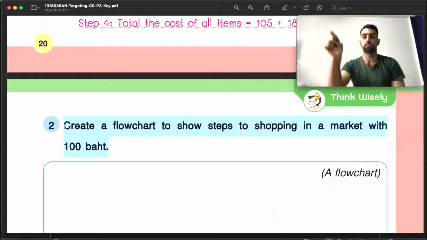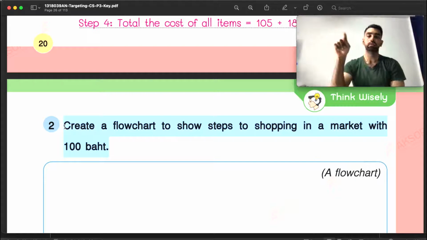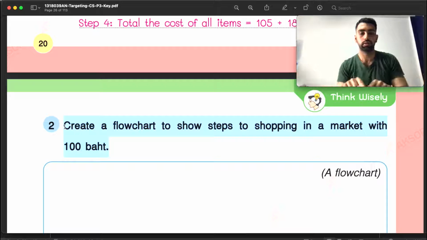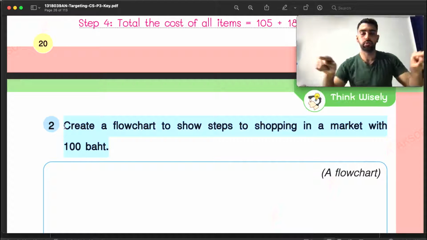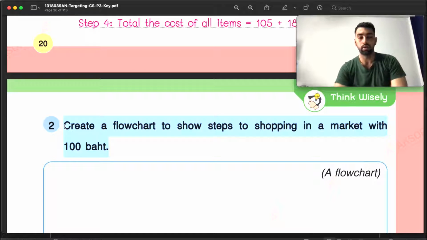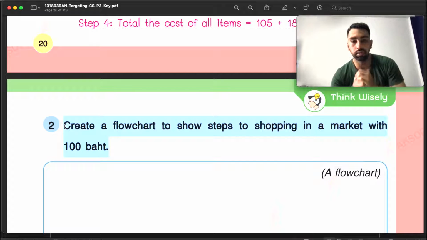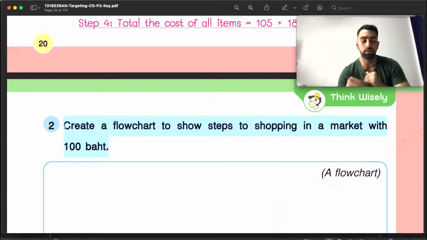You remember the symbols: oval, rectangle, and diamond. Using those symbols, create a flowchart of shopping at Central or anywhere. Anywhere you go shopping, you have 100 baht to shop for something, and create a flowchart. What did you buy with that?